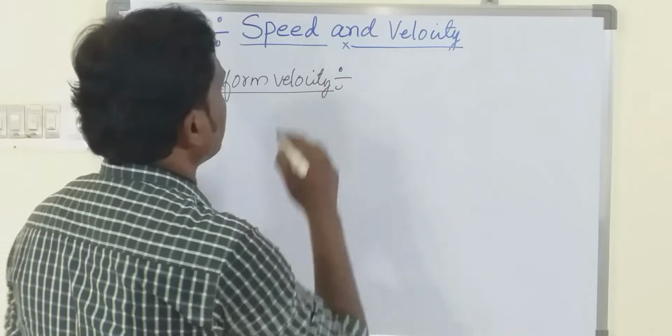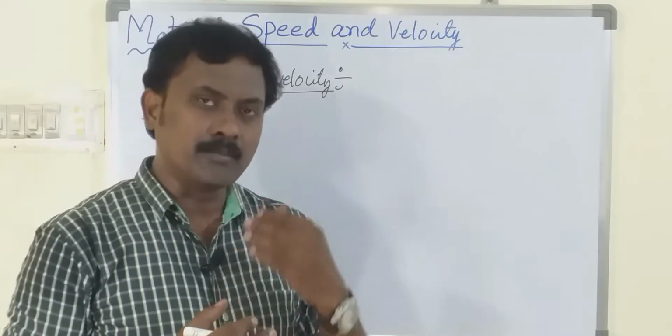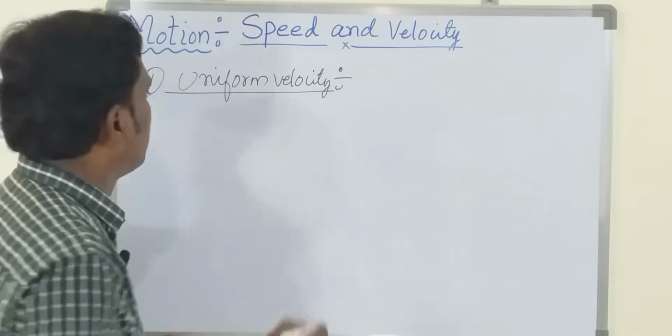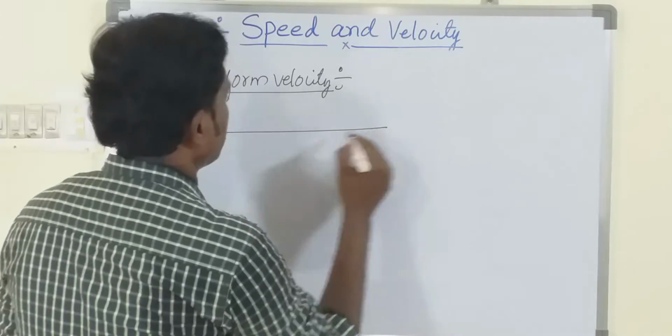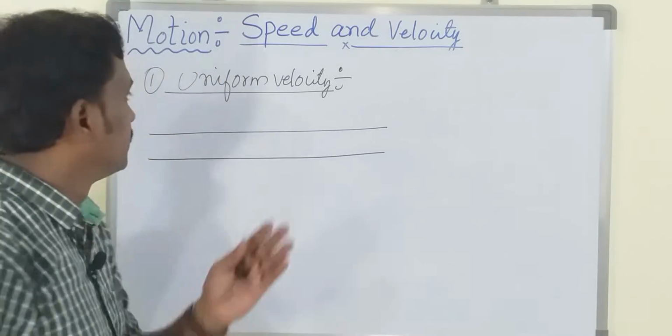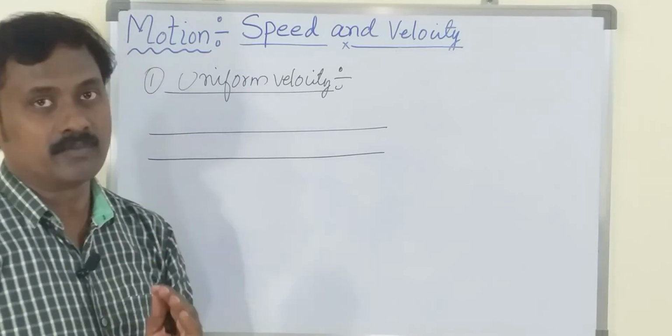Now when we talk about uniform velocity, the main condition here is that the body must travel in a straight line. So let me consider a straight line. This is a very important condition for a body to be called to move in uniform velocity.